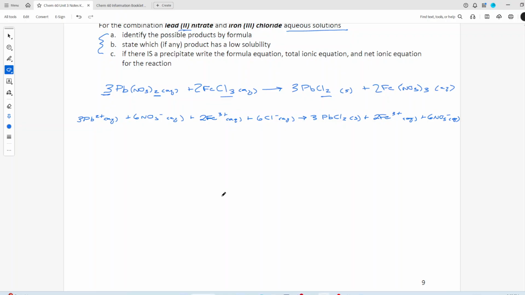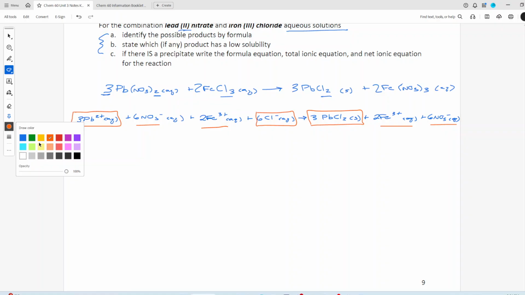Lastly, I'm going to write the net ionic. The net ionic is only the things that are actually involved in driving the reaction, which is the formation of this solid. The formation of the solid comes from these 3 lead ions and the 6 chloride ions. Everything else is a spectator: the nitrate left and right, the irons left and right. It's really good to double check that everything's balanced and that they do cancel out, like 2 with 2 and 6 with 6.